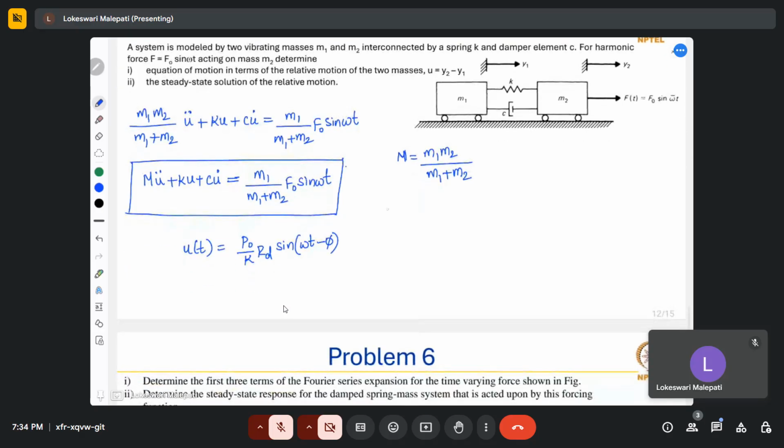In this, p naught is m1 by m1 plus m2 f naught, and k is just k. So we have m1 by m1 plus m2 f naught rd by k sine of omega t minus phi.